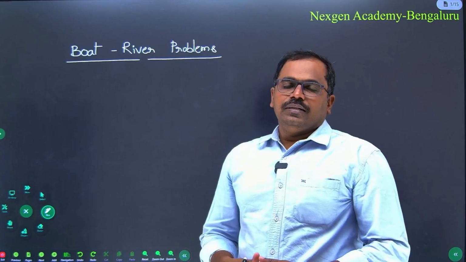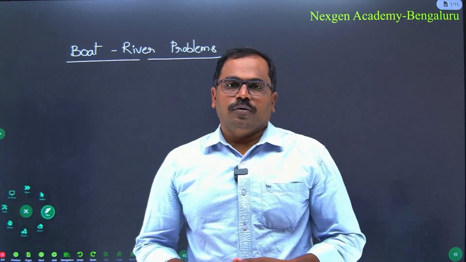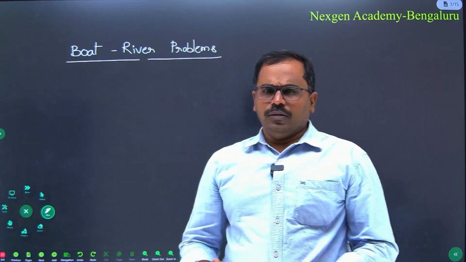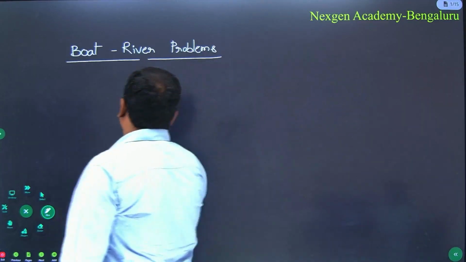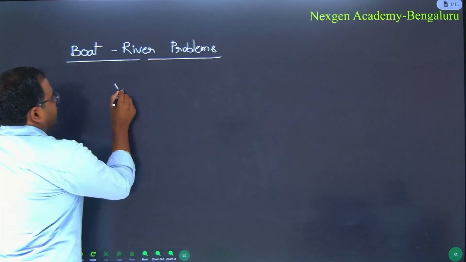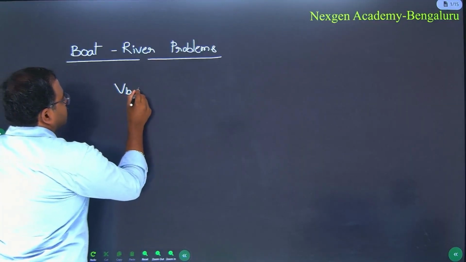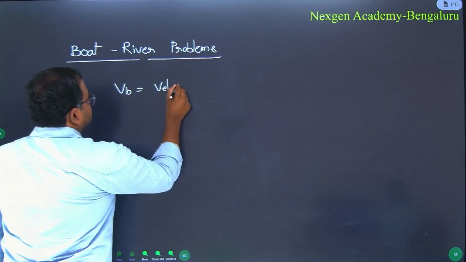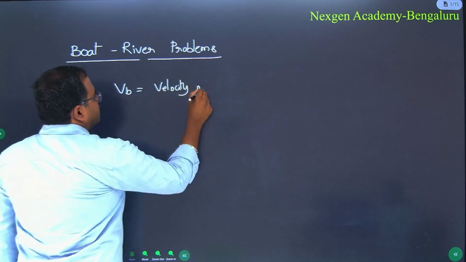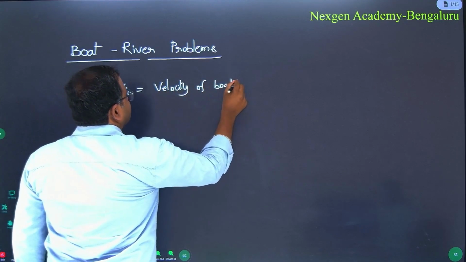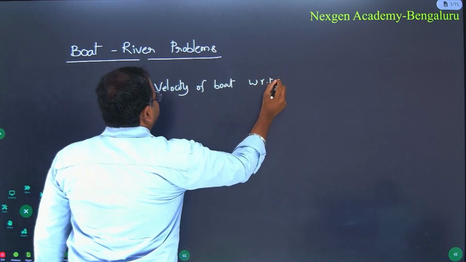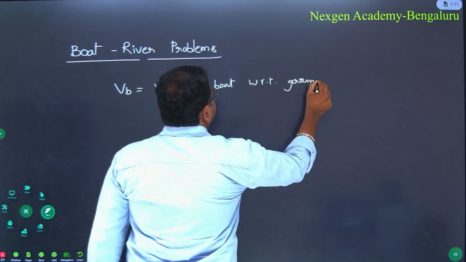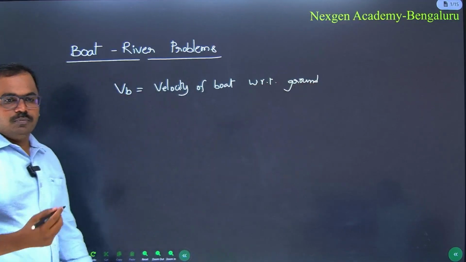To understand the concept of boat river problems, first the basic terminology we need to understand. Here, this one is VB, the velocity of the boat with respect to ground, or we can say the absolute velocity of the boat.